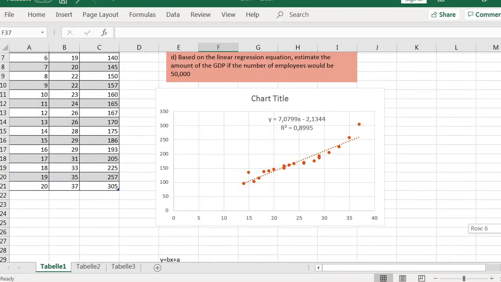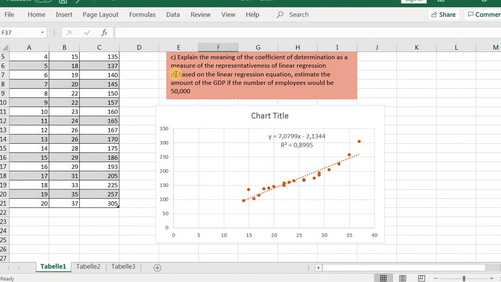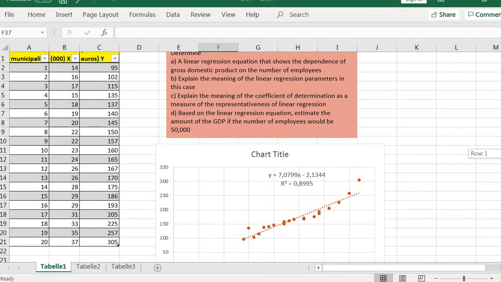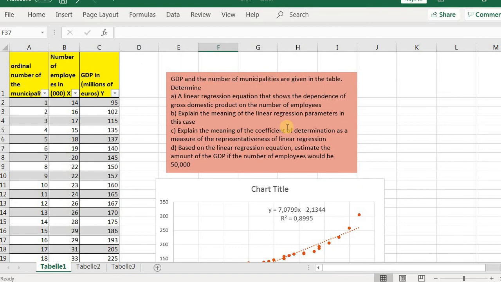And that's all. Now we can go on to this section D, and here we can see that we have to calculate, based on the linear regression equation, an estimate of the amount of GDP if the number of employees would be 50,000. How can we do that? First of all, we have to estimate the amount of GDP. What is GDP?